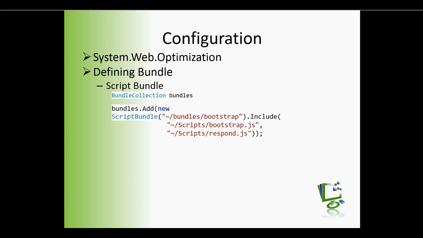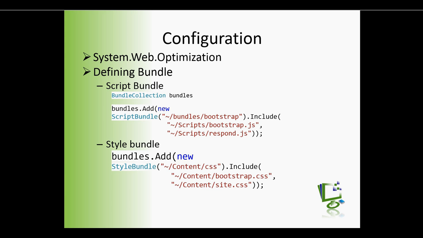To define a bundle, the ASP.NET MVC framework provides the ScriptBundle and StyleBundle classes. For each type we have different classes. For styles we have StyleBundle, and for the script files we have the ScriptBundle class. Here on the screen I have created a simple script bundle, and in the constructor of this class I have to pass the virtual path of the bundle.